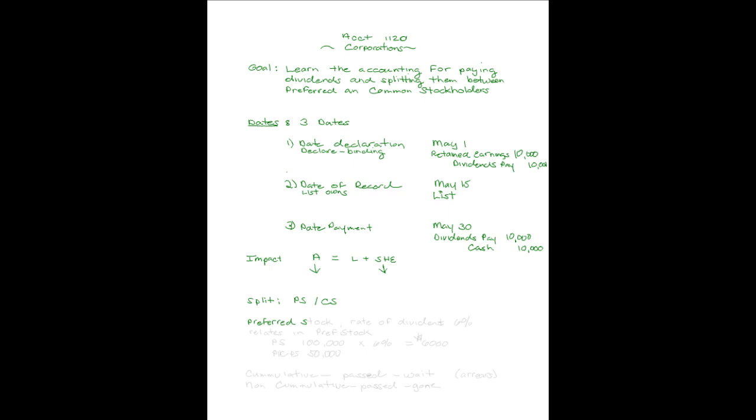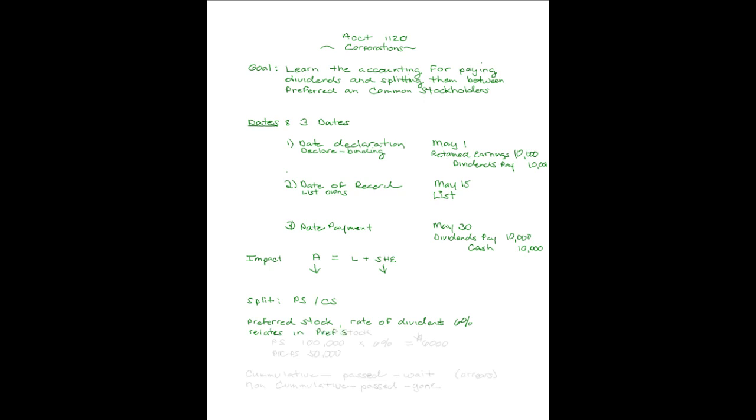When preferred stock is issued, it has a rate listed right on it, a rate of dividend payment. It's usually around 6%, and we'll assume 6% in our example, and it's understood that that rate relates to the balance in the preferred stock account.